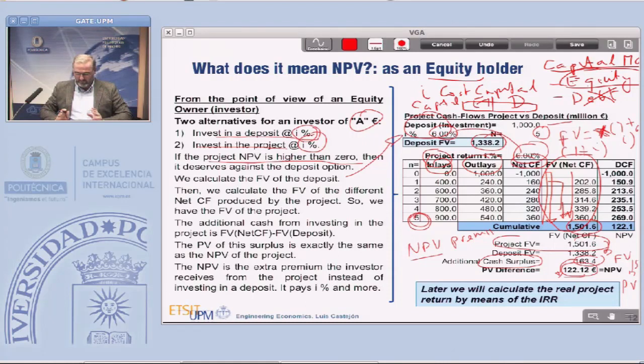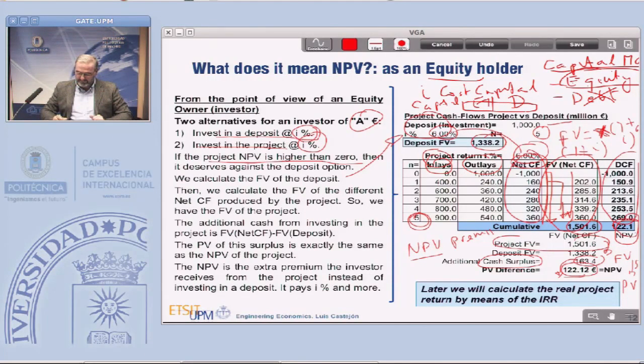So what is this number? Let me explain. Another thing we can do is to calculate the net present value of the project. This is straightforward, we have done it before. We have the net cash flows, we have the discounted cash flows, and then we summarize all of them.